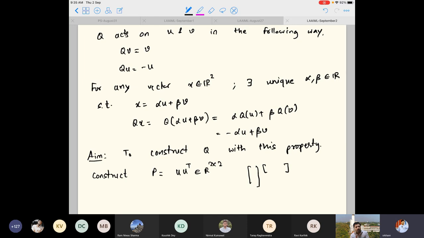Can you tell what is the rank of this matrix P? One.